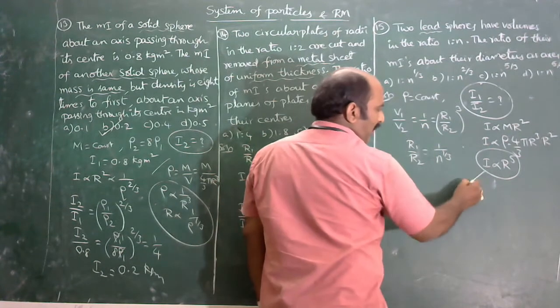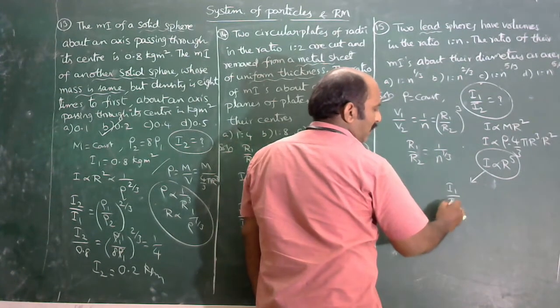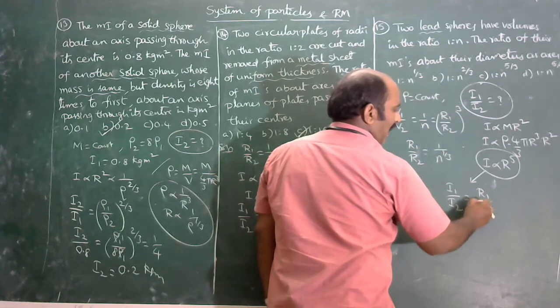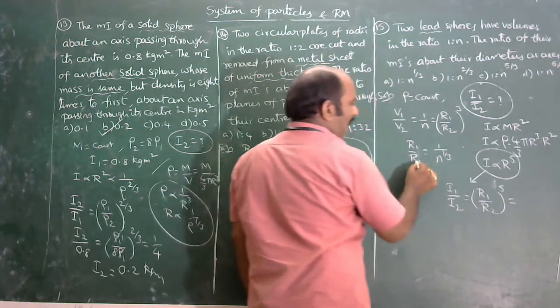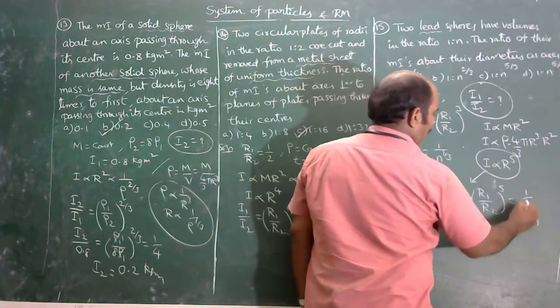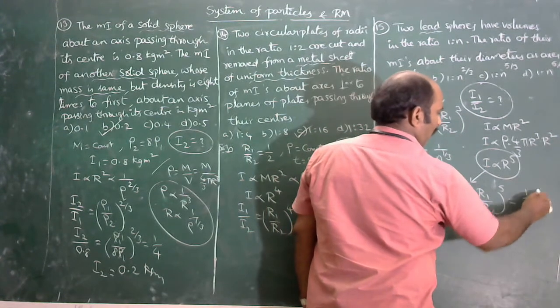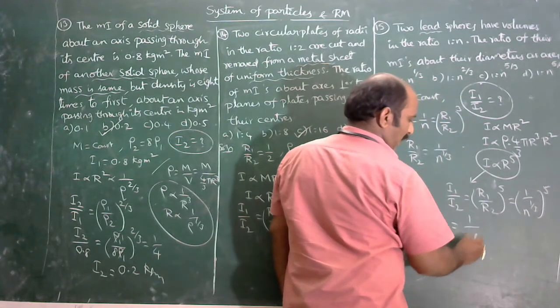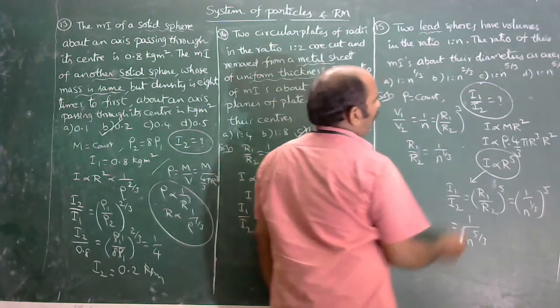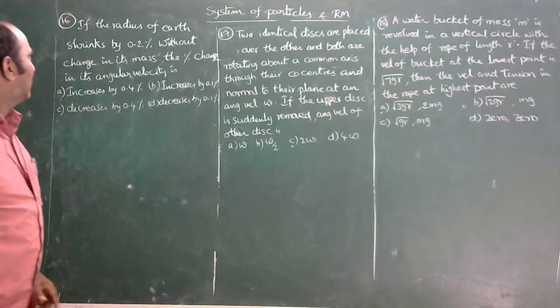Now from this, I1 by I2 value is R1 by R2 whole power 5. Now R1 by R2 is 1 by n power 1 by 3, whole power 5. So finally we get 1 by n power 5 by 3. So option C is correct.